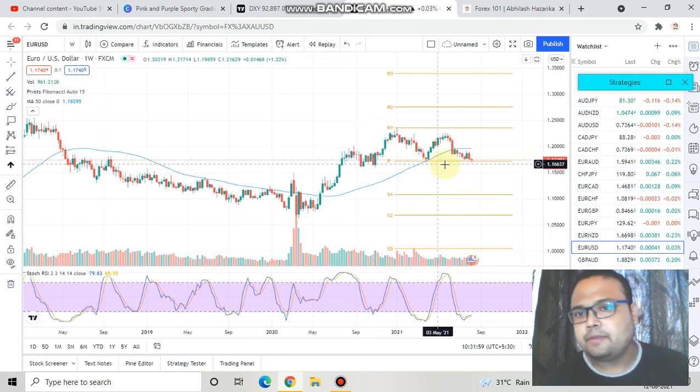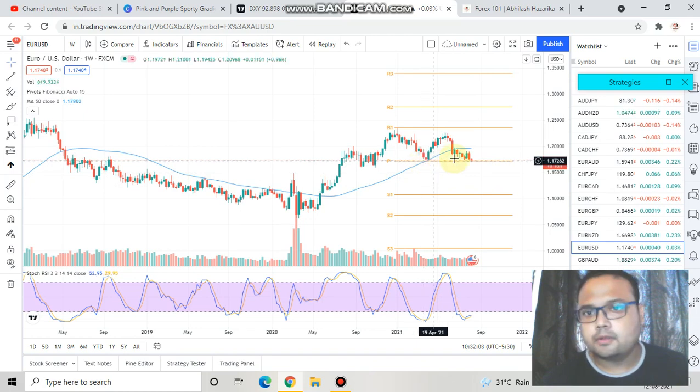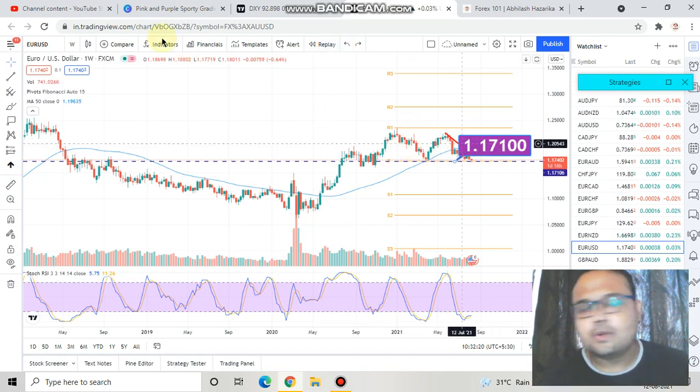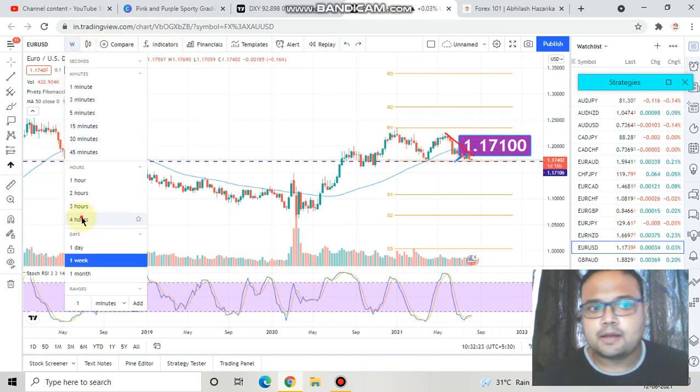And you can see that previously also this level was acting as a support for the market, because whenever the market came down to this particular level, it provided the required support. Therefore, we can still hope that buyers are sitting at this level, and in case there is a fall in the market, these buyers will try to take the price upward. So 1710 is a valid support for the market.